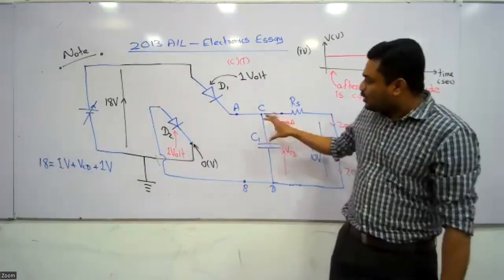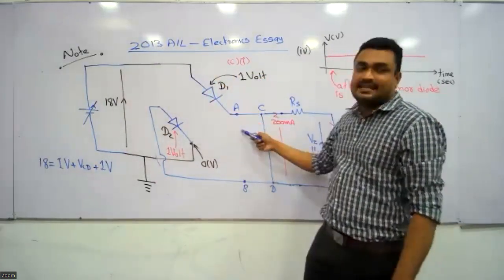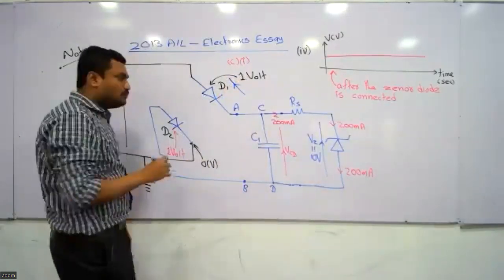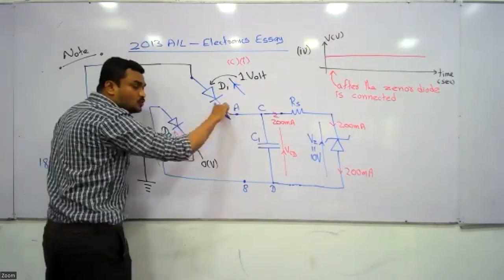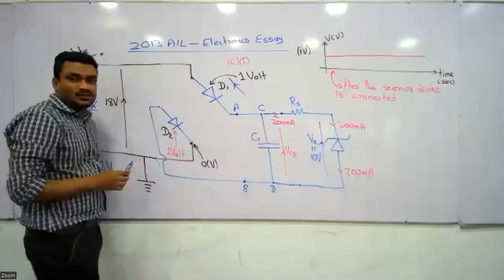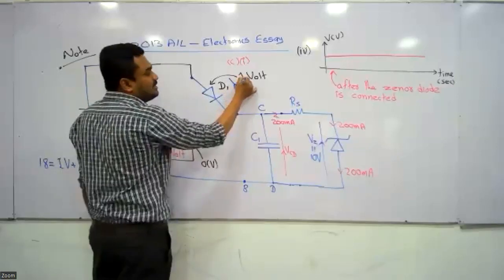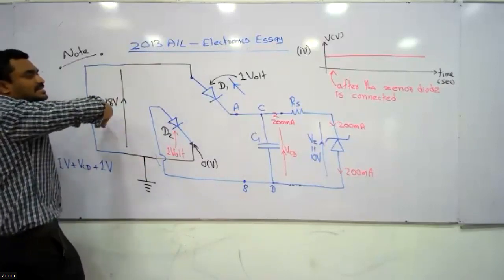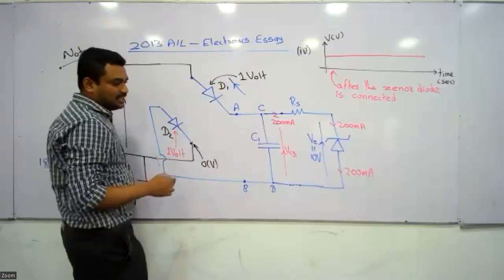Now I am going to consider the forward bias voltages. When this 18 volt is in the clockwise direction, this 1 volt is in the anti-clockwise direction. When current flows through a forward biased diode, it gives an oppositely directed voltage, which is known as the junction voltage, given in the equation as 1 volt. The supply voltage is in the clockwise direction. This 1 volt is anti-clockwise.